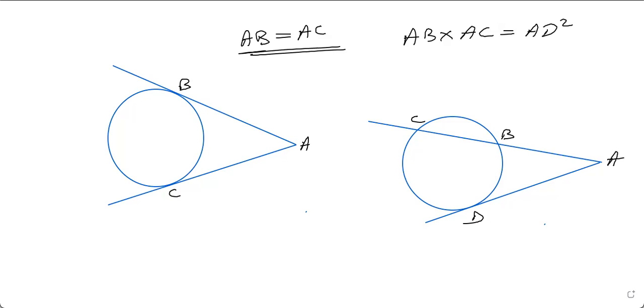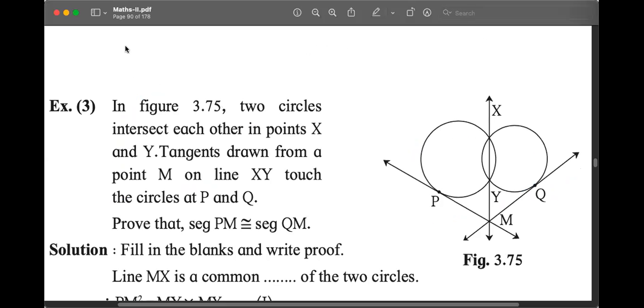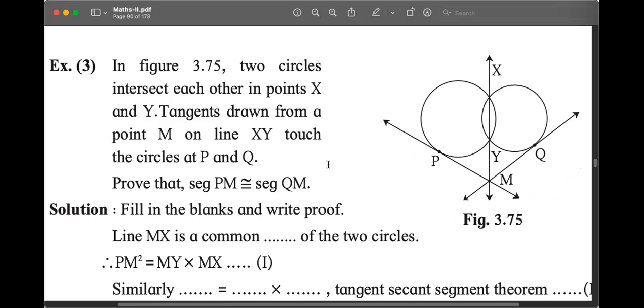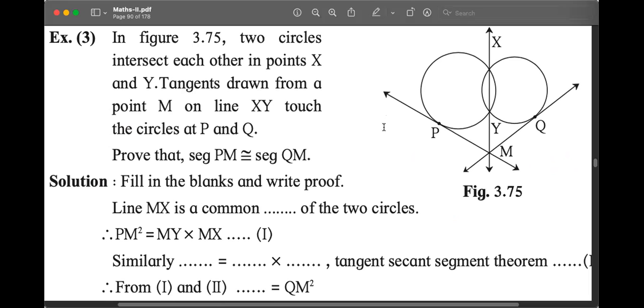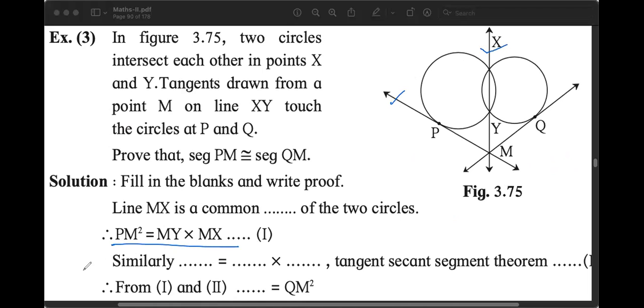What happens when we use this property in the example question? It's very clearly written that when we look at the tangent here and the secant here, we can say PM square equals MY into MX.